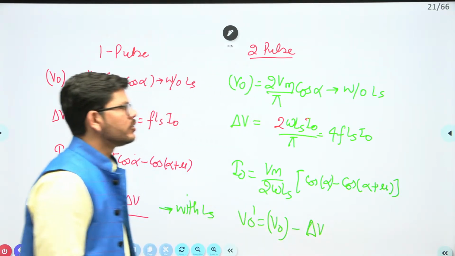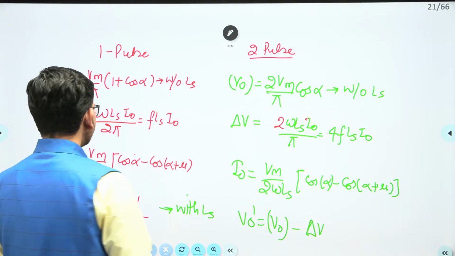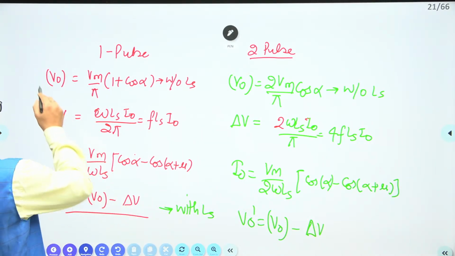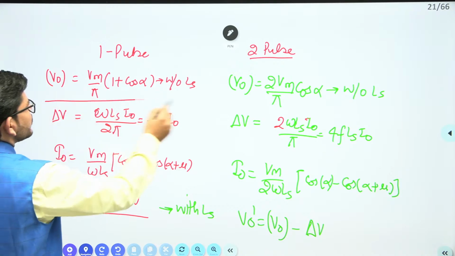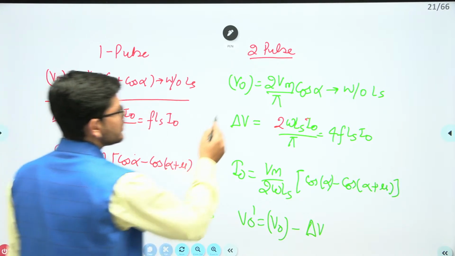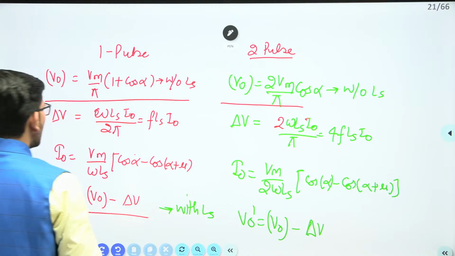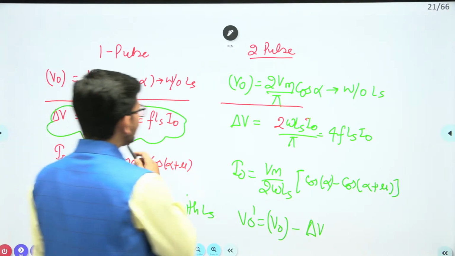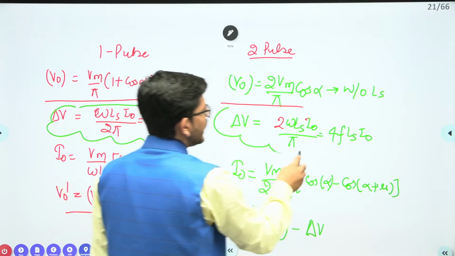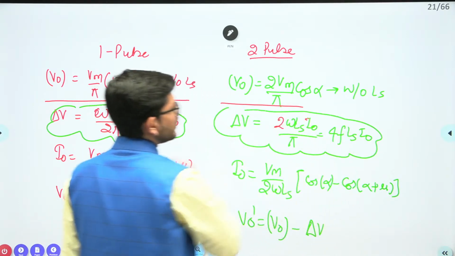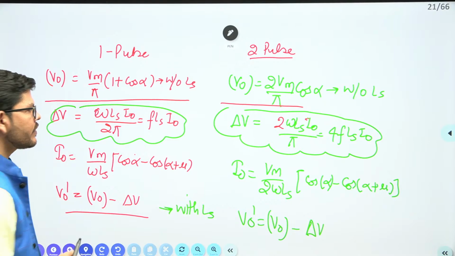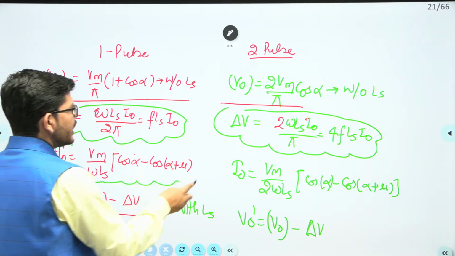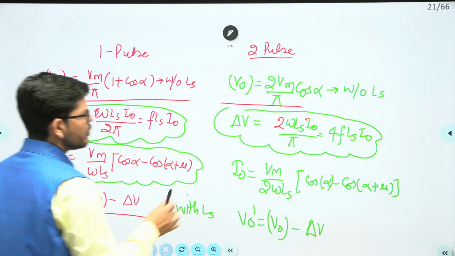Okay, so this is how you can remember these things, guys. Only these expressions are very, very important. If you remember the expression without Ls, you know the formula. You have to remember the reduction factor: in single pulse it is f Ls I naught, in 2 pulse it is 4f Ls I naught. And the current expressions are Vm by omega Ls and Vm by 2 omega Ls, each times cos alpha minus cos alpha plus mu.